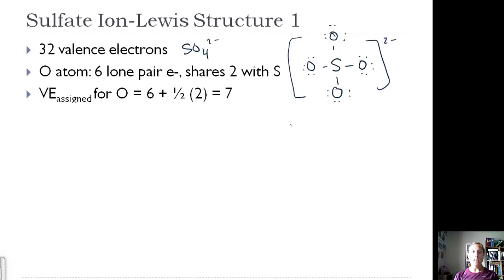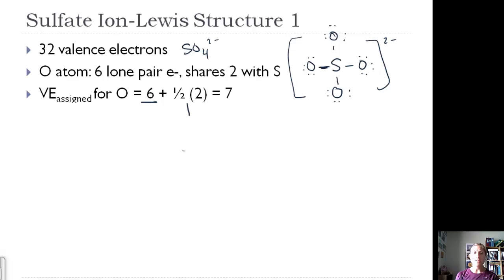Okay, so let's look at each oxygen. We know that the valence electrons for just the free oxygen are 6, because that's coming from the group number. So now let's look at the assigned. We're taking the number of lone pair electrons. Remember, it's not lone pairs, it's lone pair electrons. So because we have 3 pairs, that's 6. And then you can either take 1/2 times the number of bonded electrons, or you can just count up the number of bonds, because one bond is 2 electrons, and so you're incorporating that 1/2.